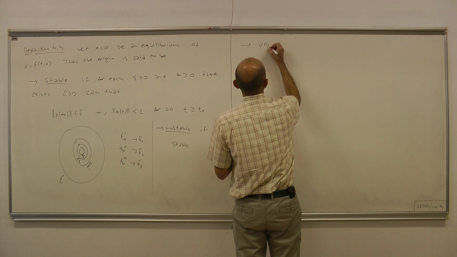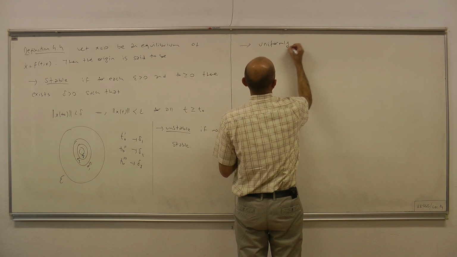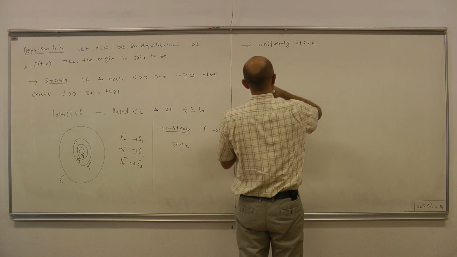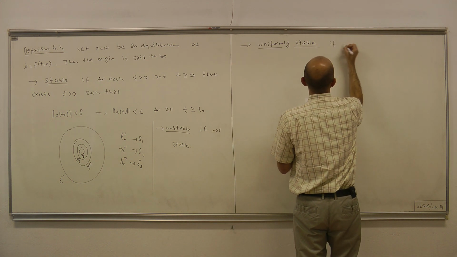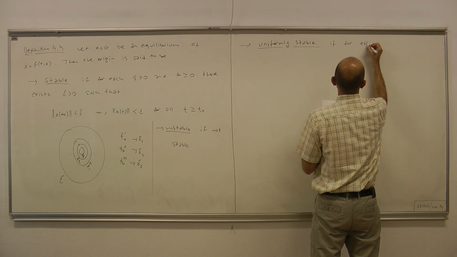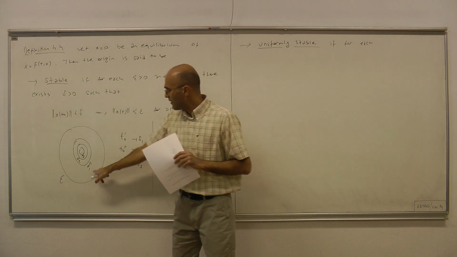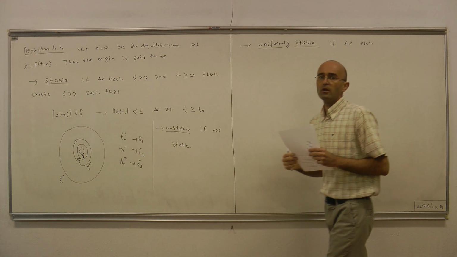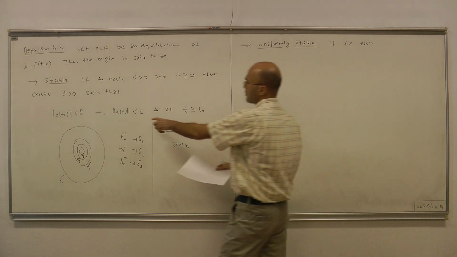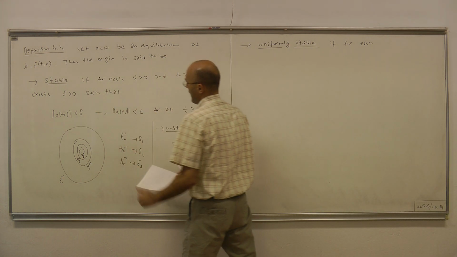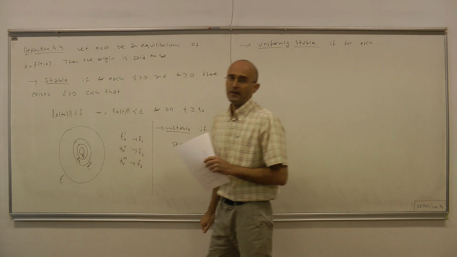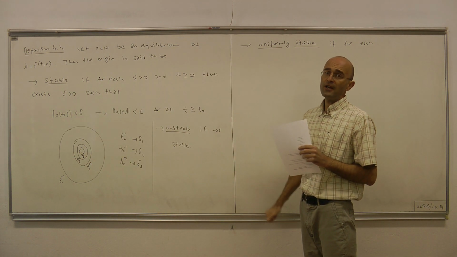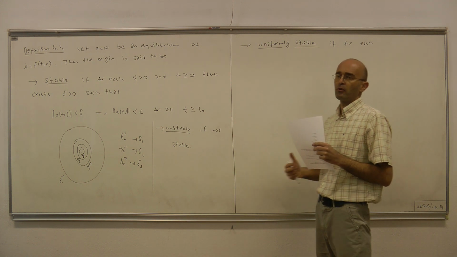So the origin is said to be uniformly stable if one delta works for all initial times. Okay, so you give me an epsilon, I figure out the delta, and that delta is still okay even if you change the initial time from t0 to t0 prime, let's say.